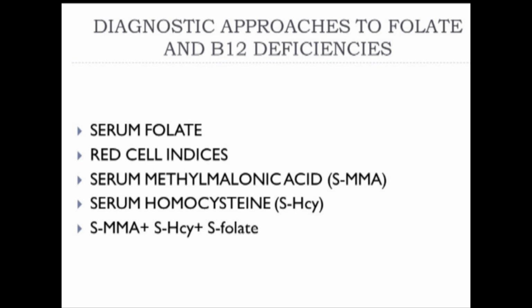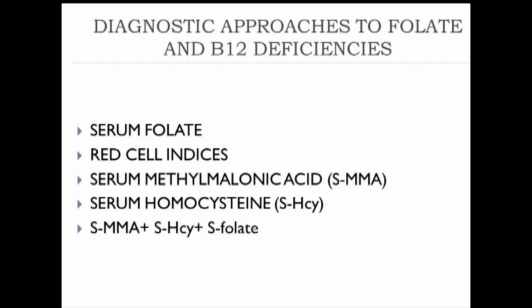Now, as a diagnostic strategy, it's also possible to use serum methylmalonic acid, serum homocysteine, and serum folate to come to some kind of accurate resolution as well. So, for instance, if serum folate happens to be normal, if serum homocysteine is high, and if methylmalonic acid is high, then there's a good chance that you could probably conclude a B12 deficiency.